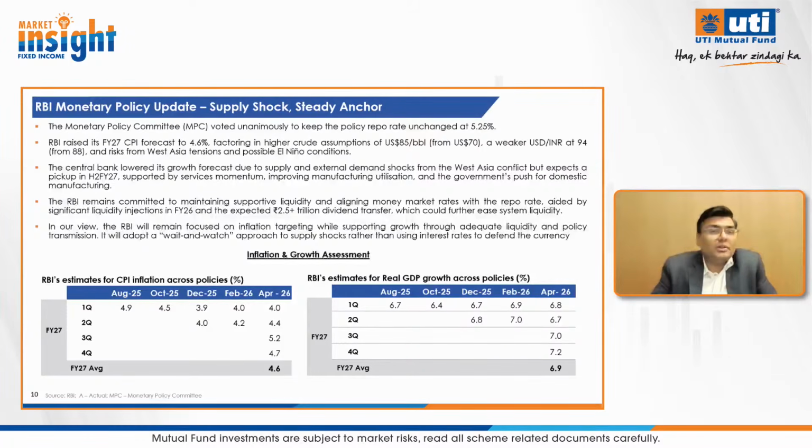So when you are seeing a supply shock, it's better to wait and watch. It's better to see how long that supply shock lasts. Secondly, whether that supply shock is leading to demand destruction or it's leading to second round price effects. So just to give some perspective, any kind of oil price shock would also lead to some demand destruction, because in a way it is a tax on the consumers. So their disposable income is going down.